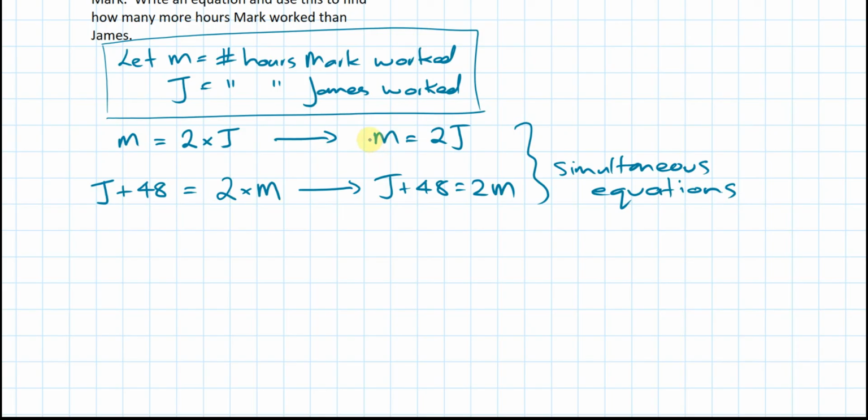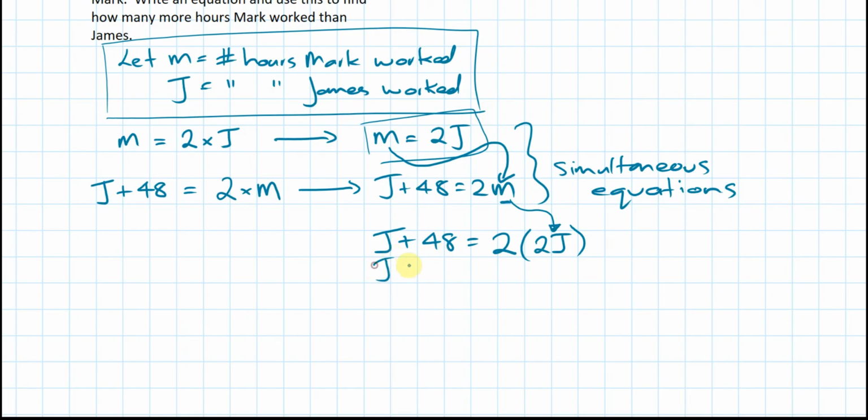Okay, so I know that m is equal to 2j. So what I can do is substitute m from this top equation into the second equation. So I end up with j plus 48 is equal to 2 times m. Now, instead of writing m here, I'm going to write 2j because m is equal to 2j. So I'm just substituting.